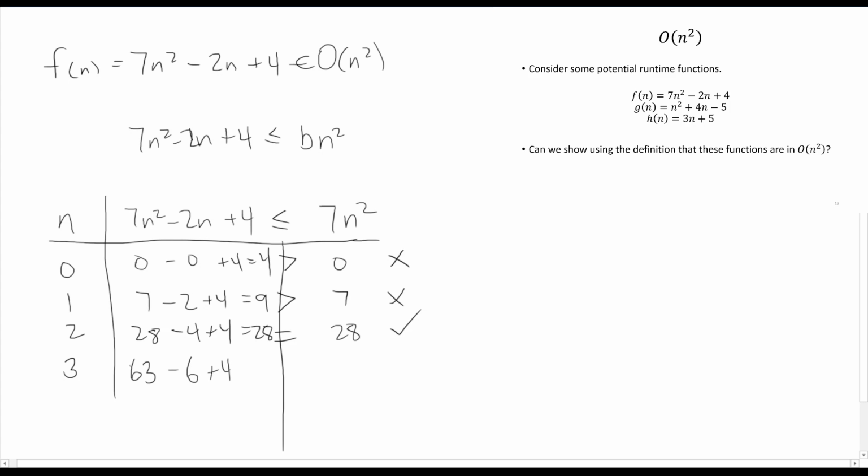So we actually get minus 2 here, so we got 61. And then up here, we did that 7n squared bit already, which was 63. So we now actually are going in the right direction, so we're good. If again, all we wanted to do was convince ourselves that this worked, we might just guess here, and then we're done.